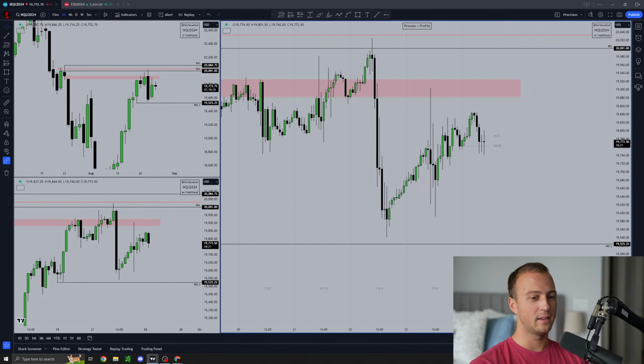I don't need SMT or those things to appear. All those things just add confluence to an idea to give you extra confidence. They're not necessary for me. But if you can stack those confluence points, then great.